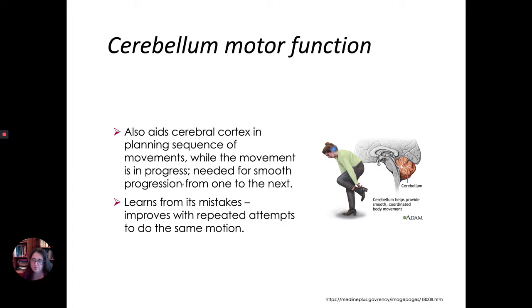Cerebellum is important also in motor learning, in that it helps you to learn from mistakes. So if you do a layup of the basketball and you try to get it into the net and it misses wildly, cerebellum is going to be very helpful to make adjustments so that your next attempt may be a little closer, and keep doing that until the motion is improved.